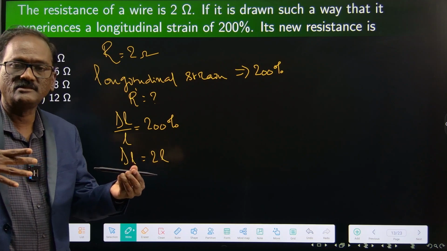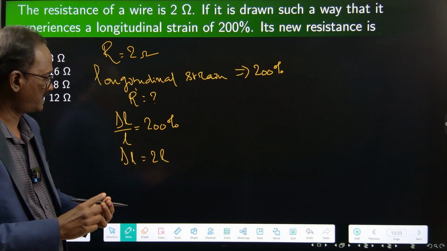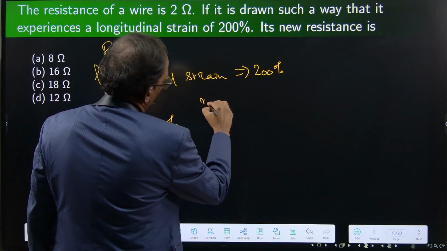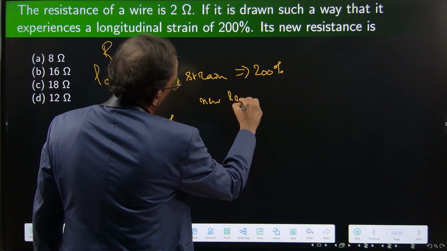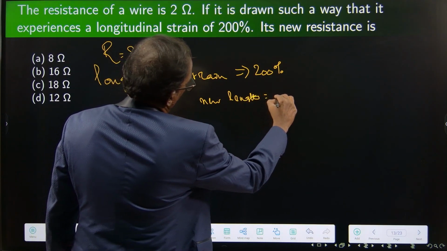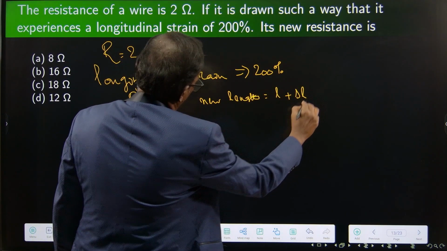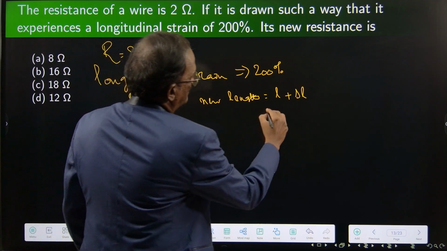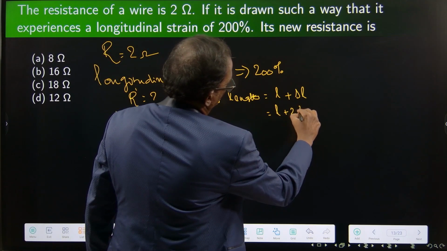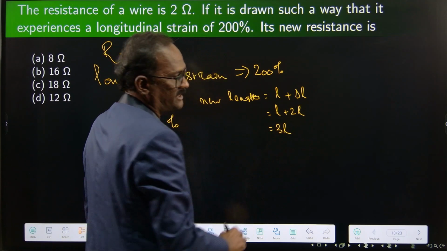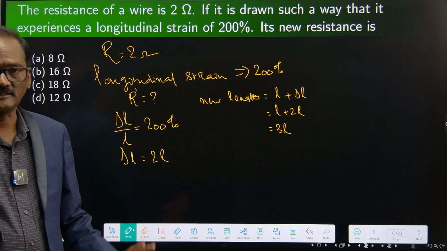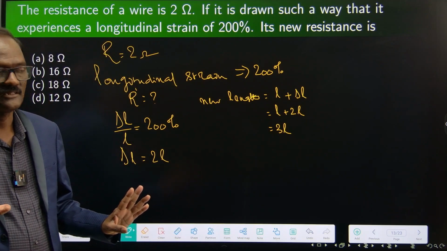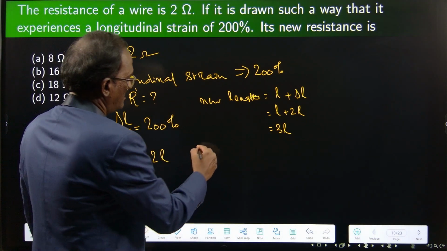The entire length is L plus delta L. So the new L is L plus 2L, which is 3L. 3 times they are stretching, that's all. Now we can easily solve it.